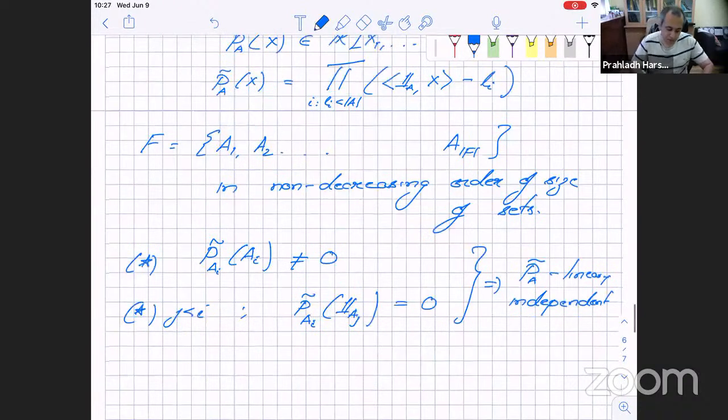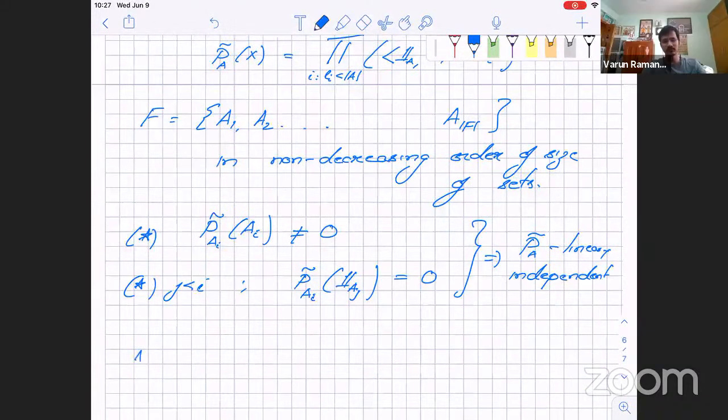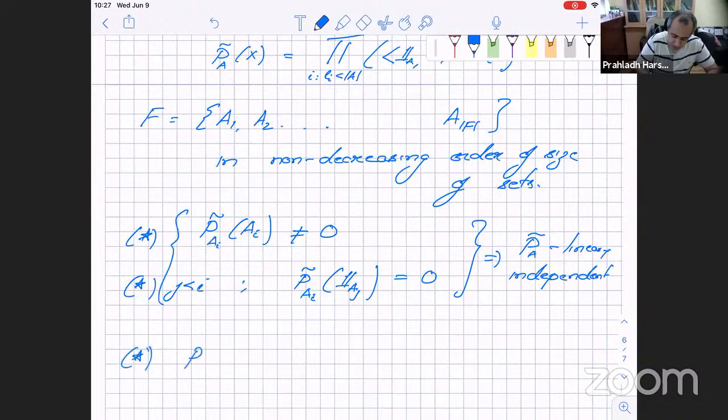Let's stare at this. I want to say star implies the P tilde A_i's, when over i, are linearly independent.